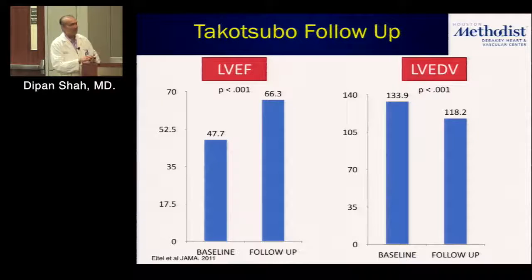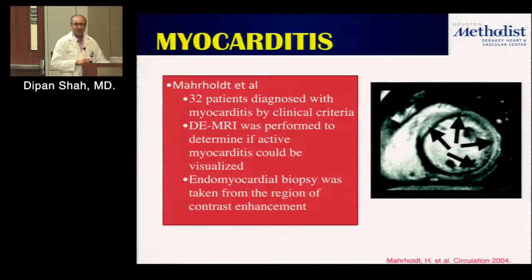So again, the classic finding with Takotsubo's is a wall motion abnormality, but the absence of myocardial injury based on LGE imaging. And then what they also found in these patients on follow-up is that the EF tended to improve and the LV end diastolic volume tended to get smaller. So these patients demonstrated significant reverse remodeling after a period of time with just medical therapy.